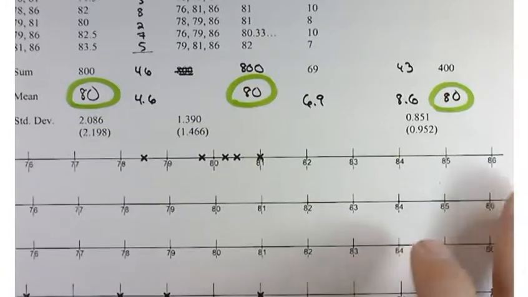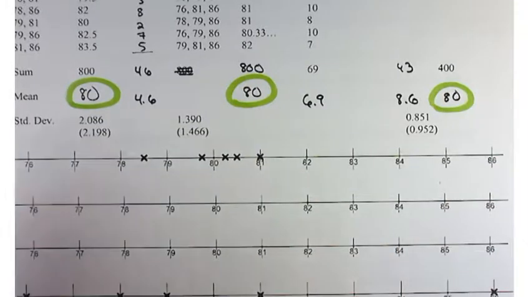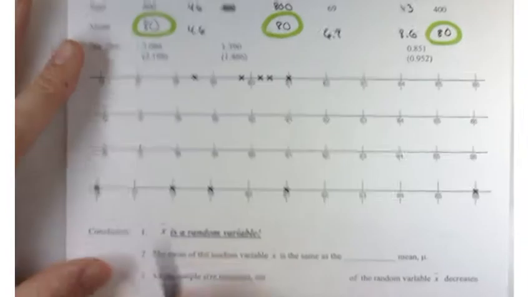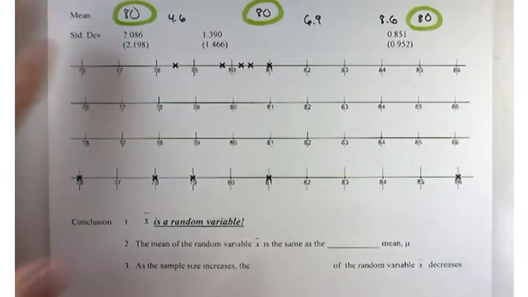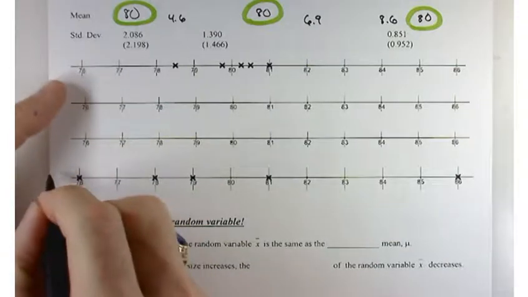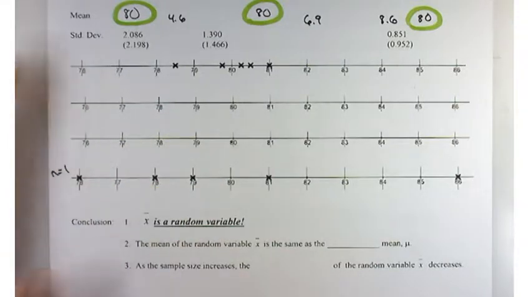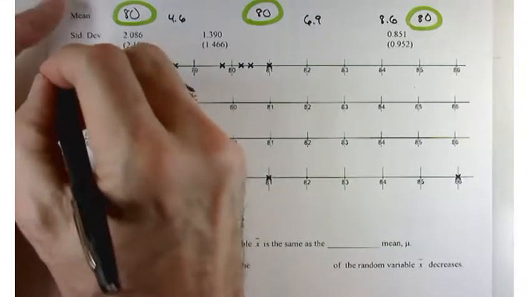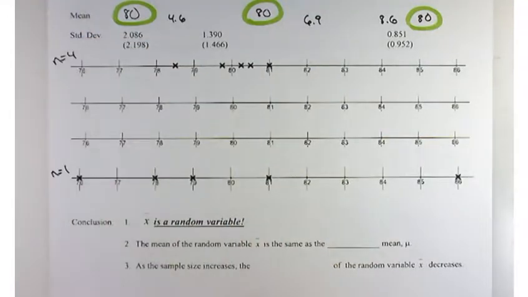Let's go back to handout 2. On the bottom row of this diagram is my original population, so I can call that a sample of size 1. And then up here, I've got a sample of size 4. I've graphed that for us.